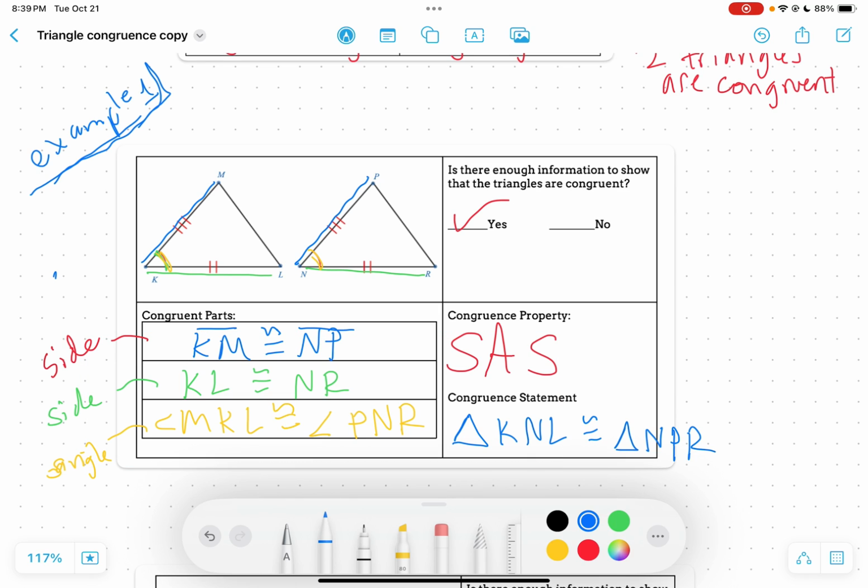So in this example, we had one side, an angle, and another side in between, which is enough information to show that these triangles have to be the exact same triangle. The congruence property is side, angle, side. Oh, whoops, sorry. KML. There we go. KML is congruent to NPR.